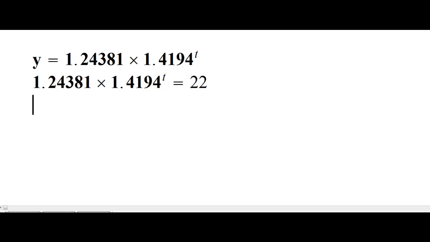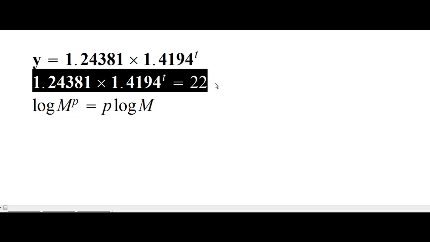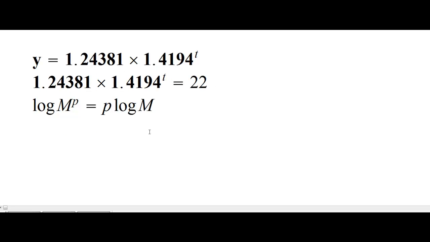Now remember the property of log: if we apply log to m to the power p, the value is p times log m, so log pulls the exponent down as a factor. So we are going to use logarithms to solve this equation.